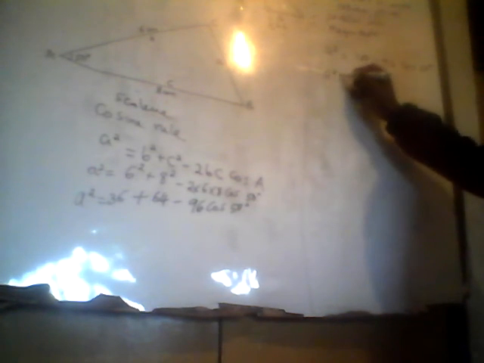So A squared is equal to 100 minus 96 times cos 50. Cos 50 is 0.643, 0.64278, 788.